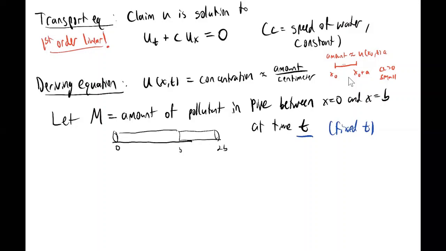Right, so you expect to be able to figure out the amount in a tiny interval by taking the value of the function and multiplying it by the length of the tiny interval. And so if you add up the contribution of all the intervals from 0 to b with this tiny parameter a, that should give you a good approximation of the amount of pollutant that's in the pipe. And the approximation should get better and better as you take the limit and let a go to 0, right? And so the way to make this precise is just to write down an integral, right?